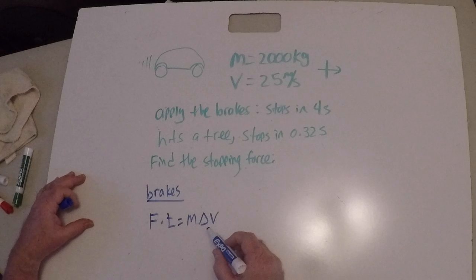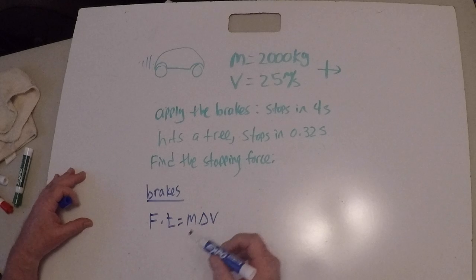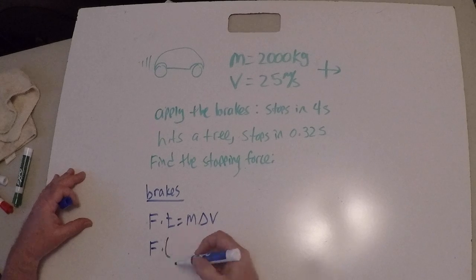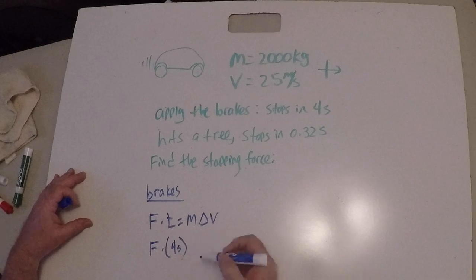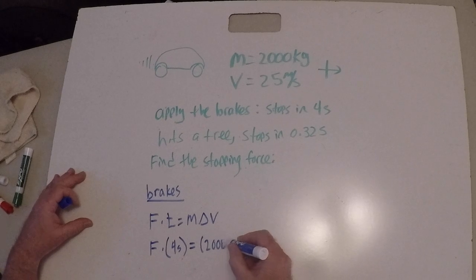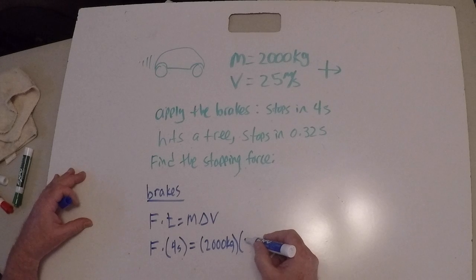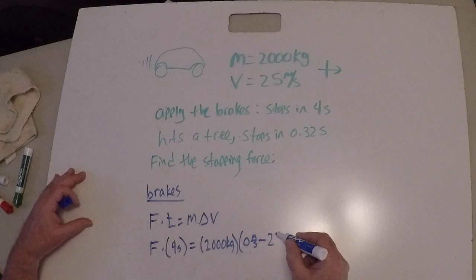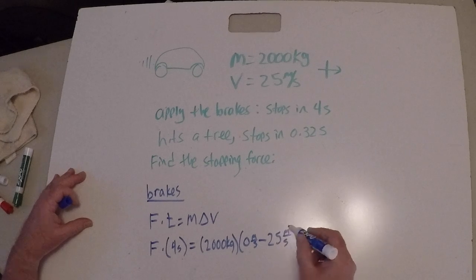We know its final velocity is, of course, 0 because it stopped, and its initial velocity is 25. So force times the time it takes to stop when it puts on the brakes, which is 4 seconds, will equal 2,000 kilograms times the final velocity, which is 0 meters per second, minus the initial velocity, which is 25 meters per second.